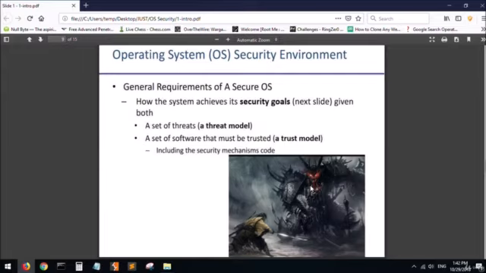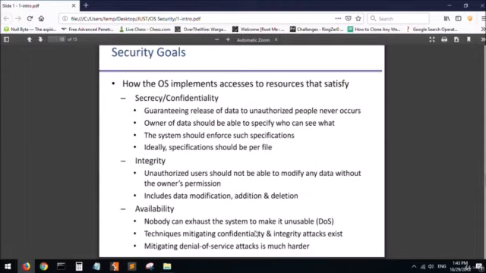This is where I make my own viruses, malware, and attacks to check if the trust model, which is this samurai guy here, is secure and can defend itself. Now this is the security goal.